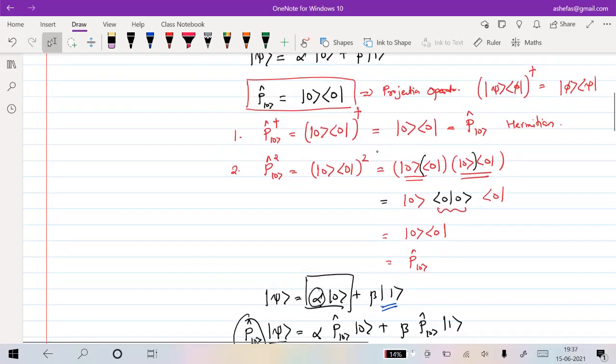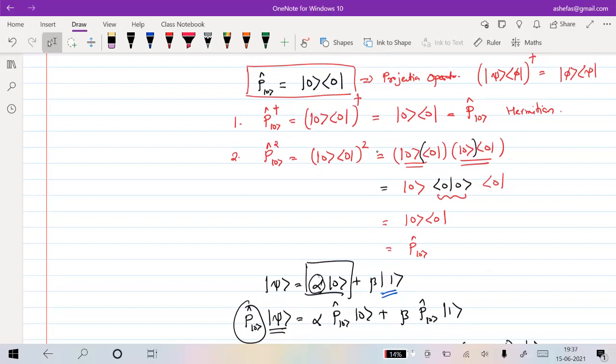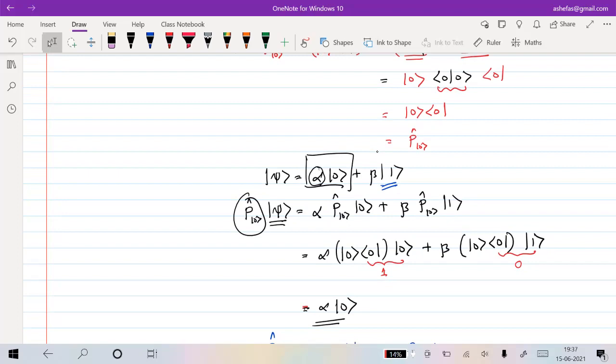Now, in order to check the meaning of the projection operator, we acted that projection operator on vector psi, and the result is that vector psi would collapse onto the vector along ket 0. So this projection operator projects the vector psi onto the basis vector ket 0, and we get the corresponding coefficient alpha.